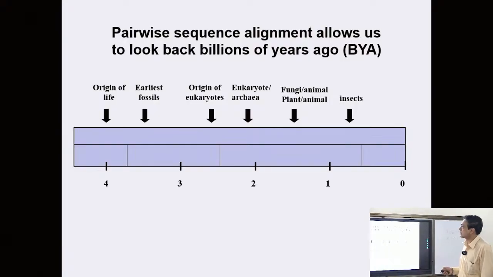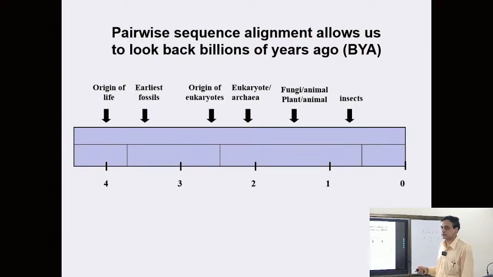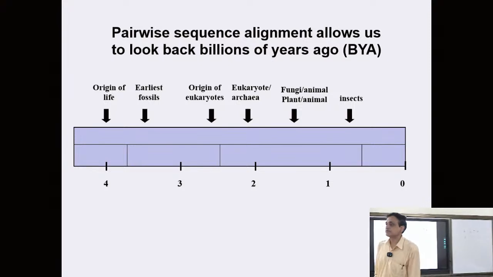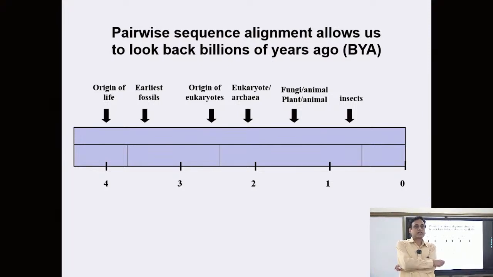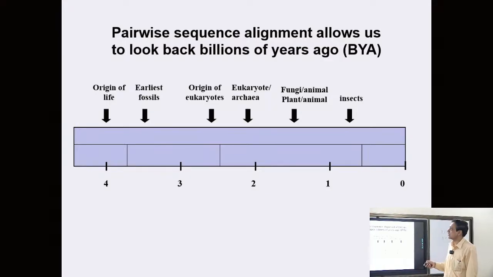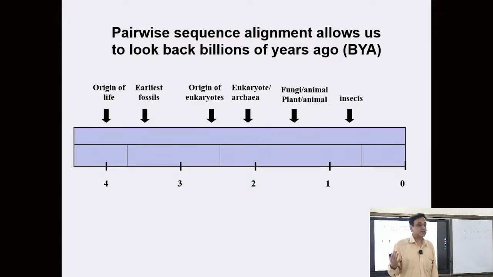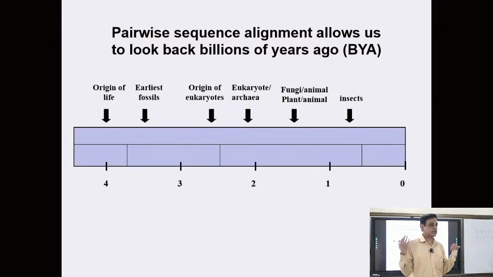So if you are comparing sequences, pairwise alignment of sequences, then you are comparing sequences that might have evolved a long time ago. For example, if you are performing pairwise alignment of plant and animal sequences, then you are looking back 1.5 billion years ago when plants and animals shared a common ancestor.